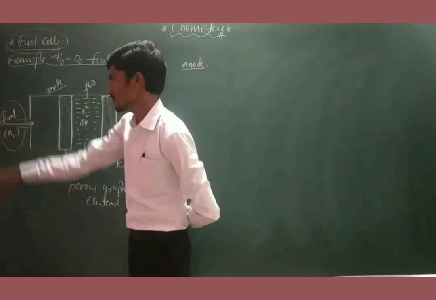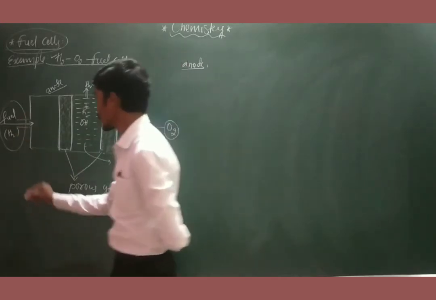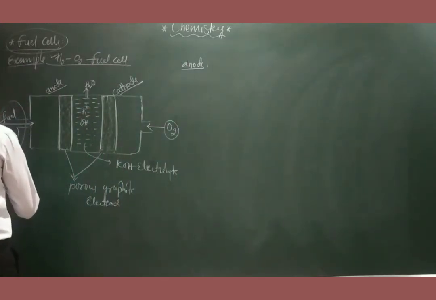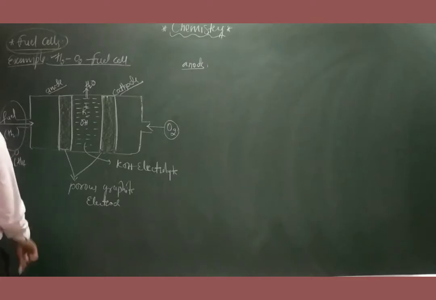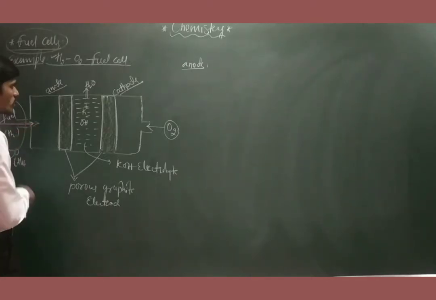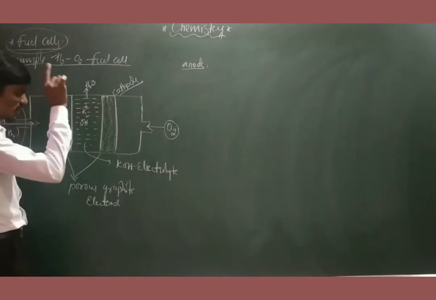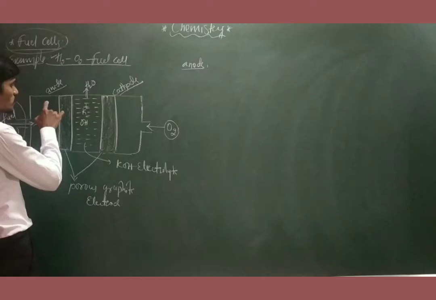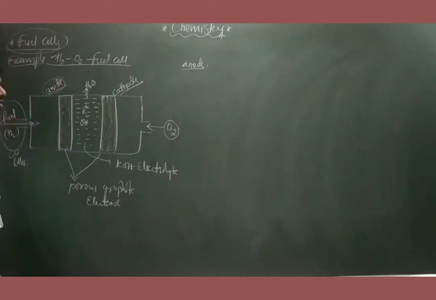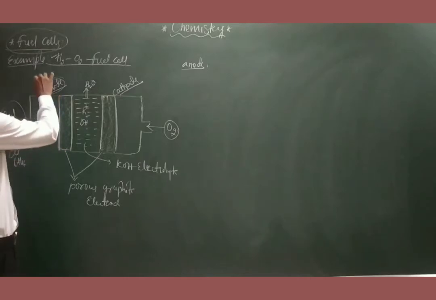You can take any fuel: hydrogen, carbon monoxide, methane, or any other hydrocarbons. Fuels are introduced into the anodic compartment and made to pass through the porous graphite electrodes, where they undergo oxidation, because it is the anode compartment.